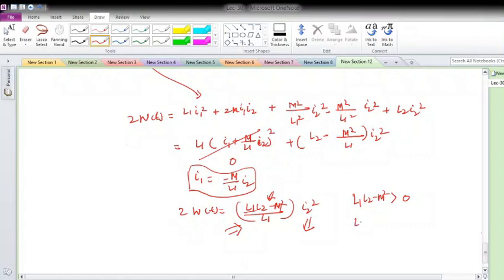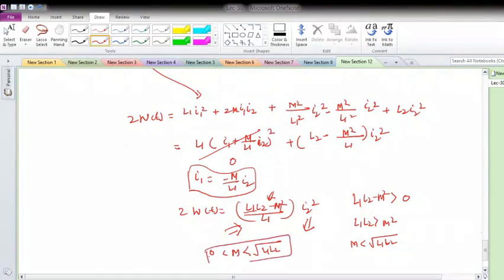Which means L1 L2 has to be greater than M square, so M has to be less than the geometric mean of the product of the two self inductances. So M has to be greater than 0 and less than root of L1 L2.